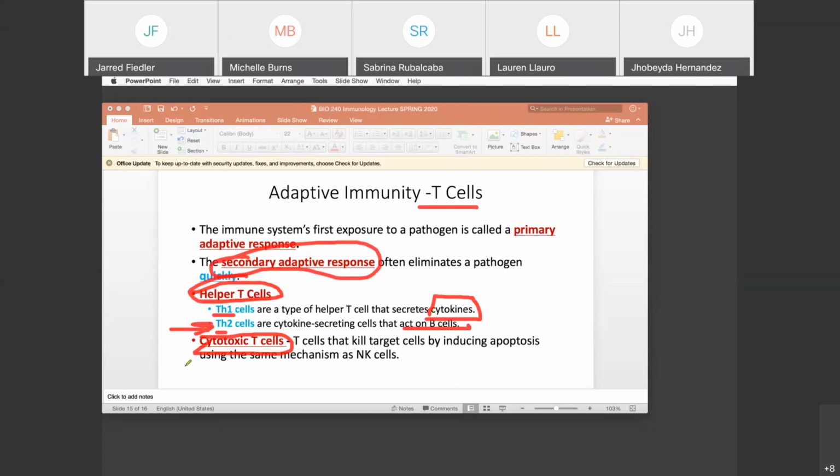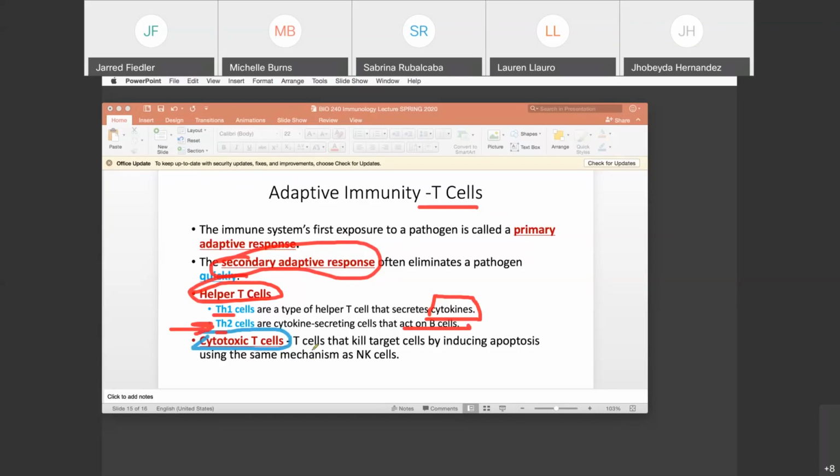Then last but not least, we have cytotoxic T cells. Cytotoxic T cells are like the SWAT team of your adaptive immune system alongside the natural killer cells. Natural killer cells are, let's say, your normal police officer going undercover, and then your cytotoxic T cells are the SWAT team, or the National Guard.